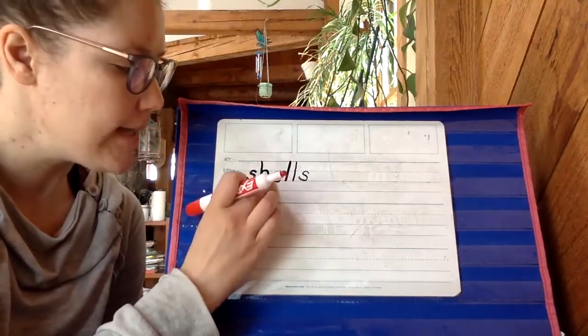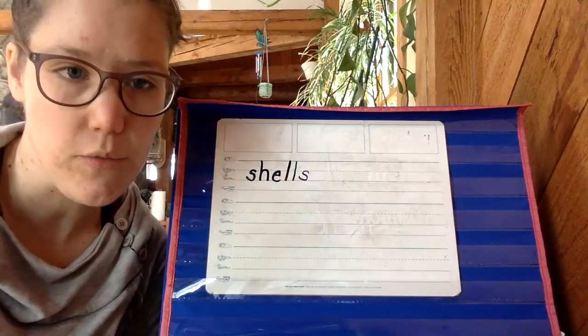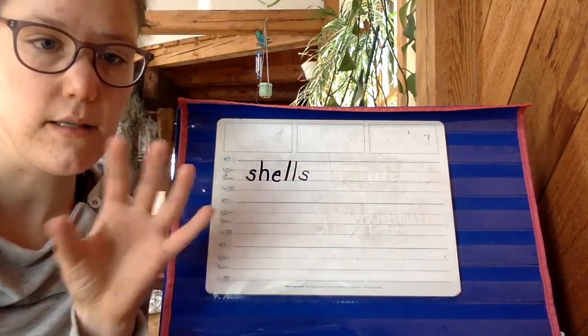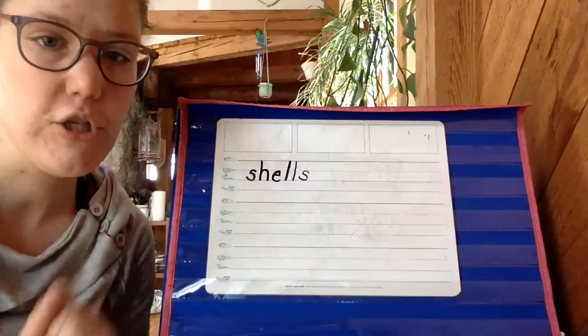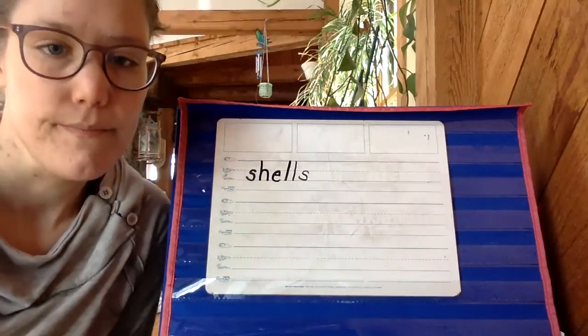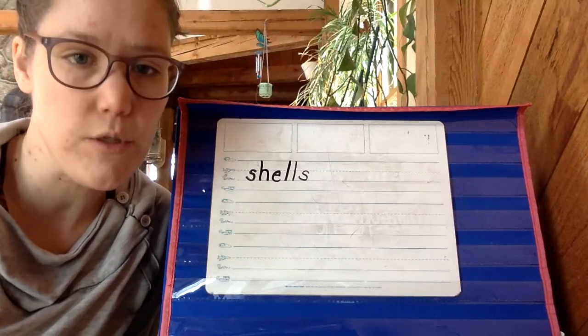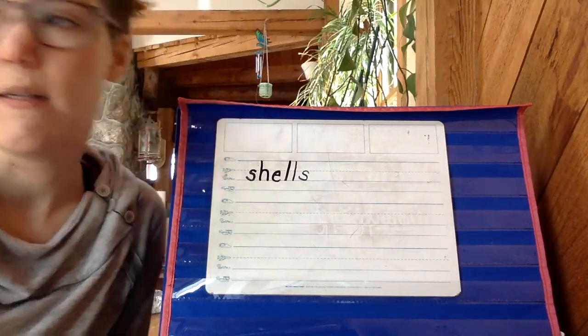Now, I'd like you to take a second to write shells on your board. Sh, shell, the whole word, shells. And when you're finished writing it, I'd like you to underline the base word and circle the suffix.